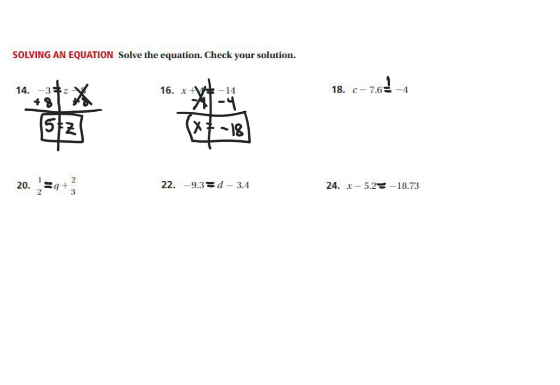Number 18, we would add 7.6. Do that to both sides. They cancel out on the left, leaving us with c. On the right side, we have negative 4 plus 7.6. So we actually need to find the difference between those two.